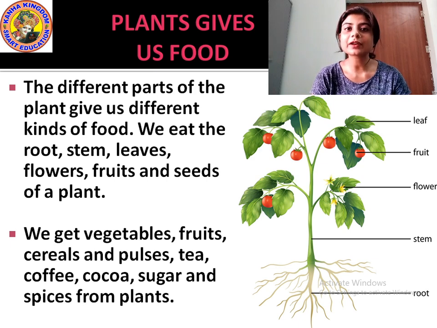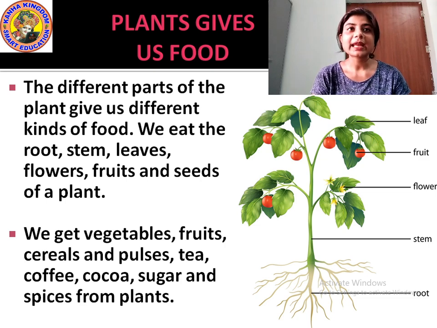We eat different parts of the plant. Plants have got different parts, yes or no? What are the different parts of the plant? Those are root, stem, leaves, flower and fruit. Yes or no? These are the different parts of the plant. And these different parts give us different kinds of food and we eat the different parts of the plant.